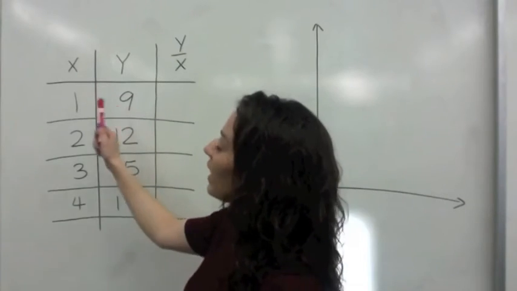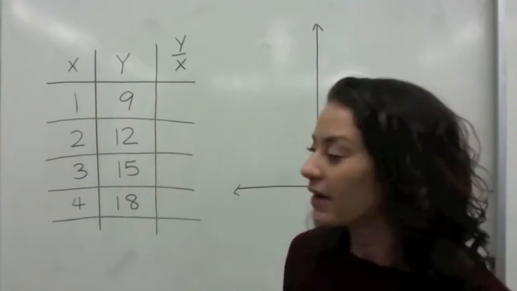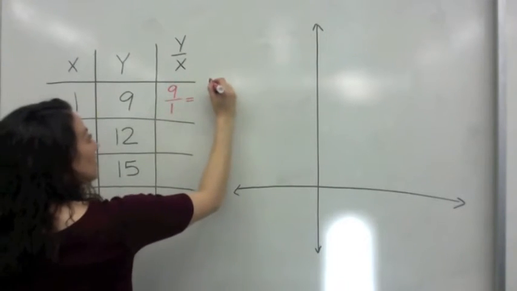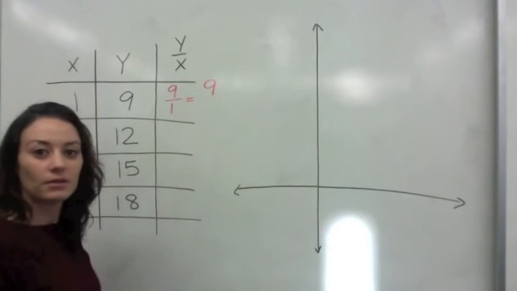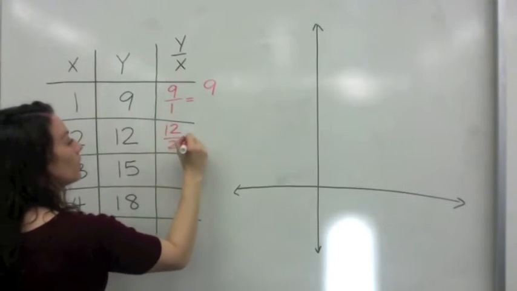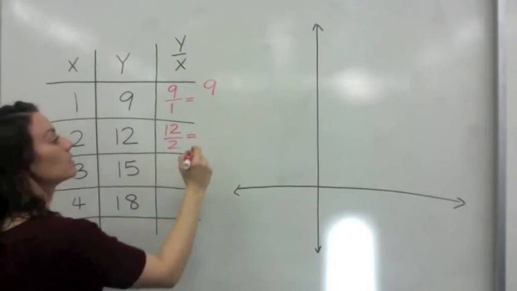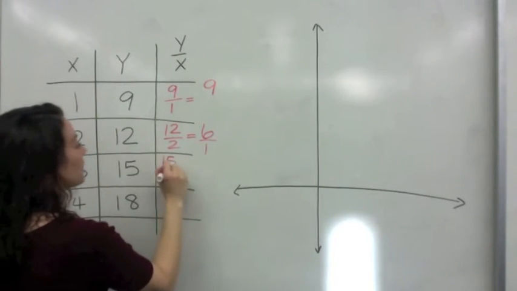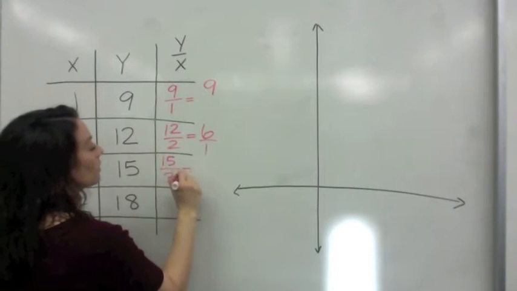Let's take the ratio of 9 over 1, or 9 divided by 1. What is 9 divided by 1? It's 9. Okay, what about 12 divided by 2? It's 6, exactly, or 6 over 1, that's fine. What about 15 divided by 3? What's that ratio?